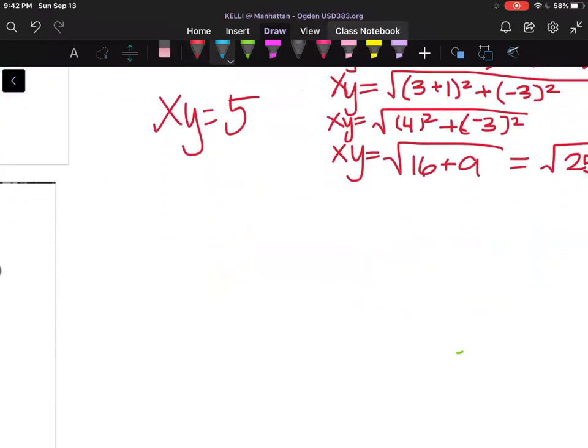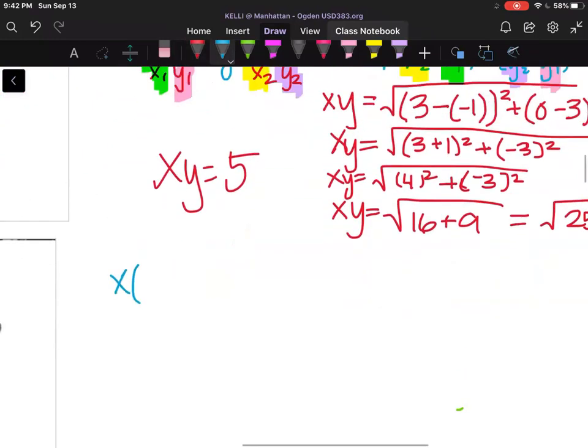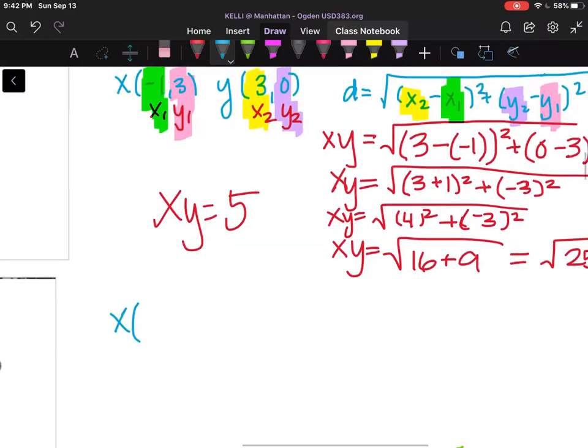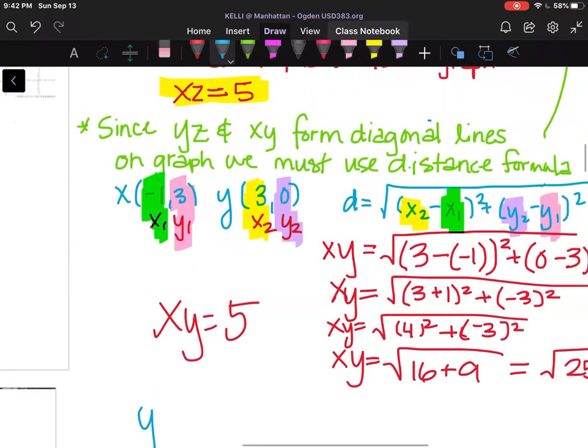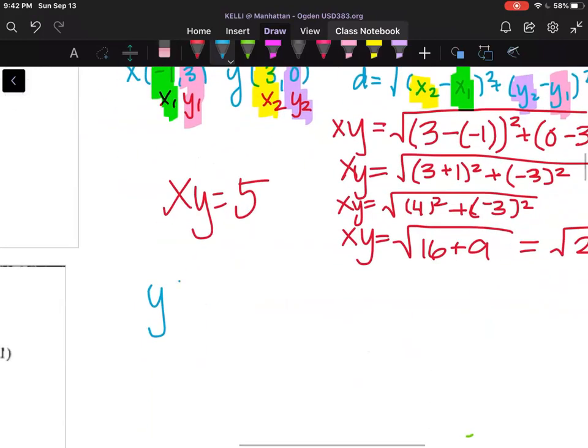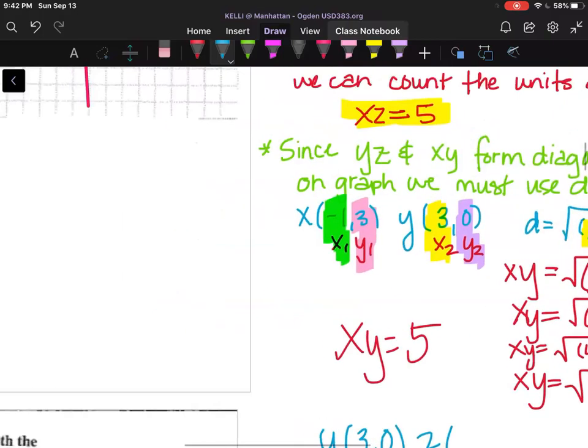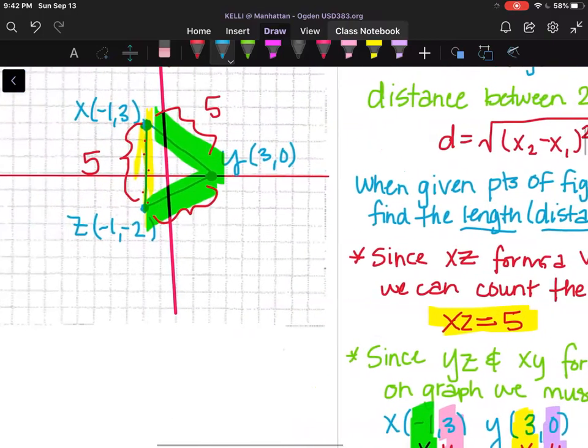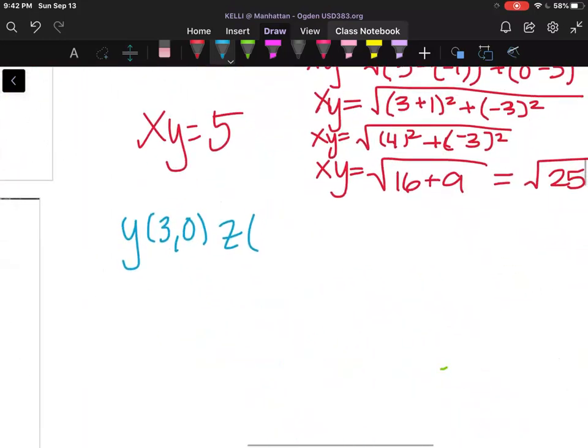Okay, so let's write our points again. Y is the point 3, 0. And Z is the point -1, -2.